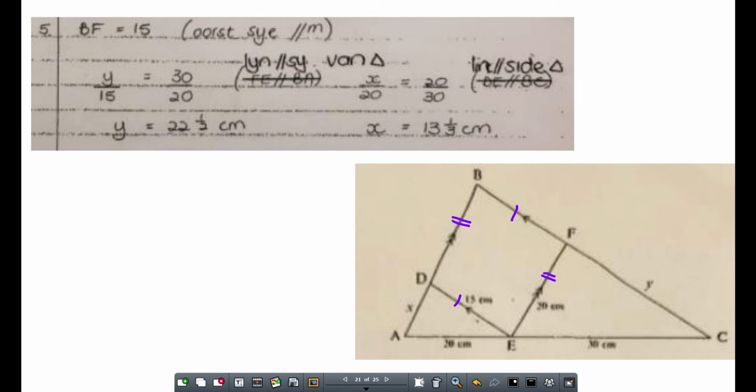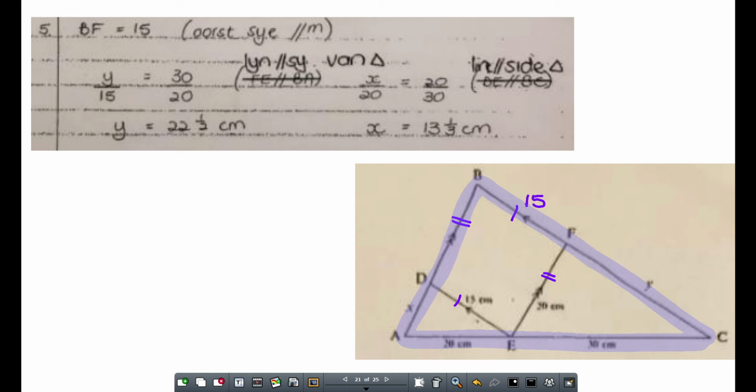Goed, kom ons kyk gou-gou. Daar sal jy sien, heel aan die begin sê hulle vir jou BF is gelyk aan 15. We just saw Y. So this will be 15, because it's opposite sides of a parallelogram. Hoekom het hulle geweet is 'n parallelogram? Because I had two pairs of parallel sides. Okay, then they say y over 15, meaning I am working with this big triangle.